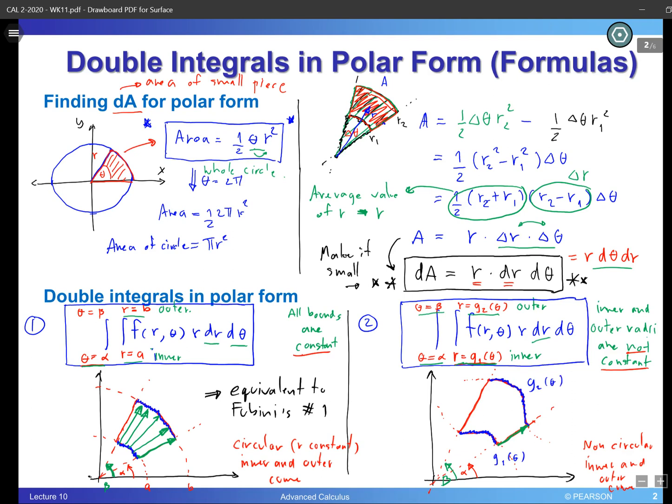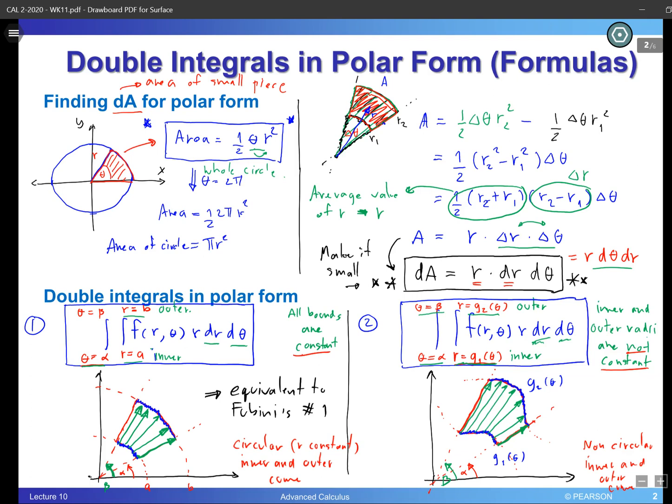All right. And once you are done with the integration with respect to r, you are going to sweep theta, and it's going to replicate this sweeping pattern all the way through, until you reach the end of the whole domain region. So there you go. We have covered the whole region.